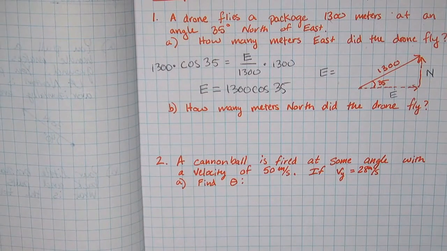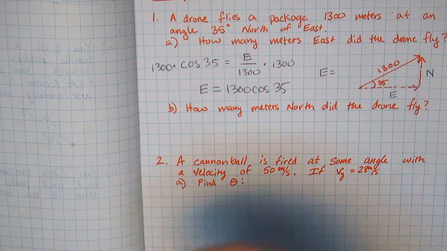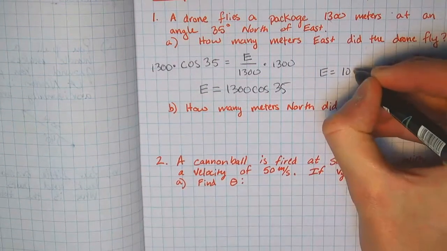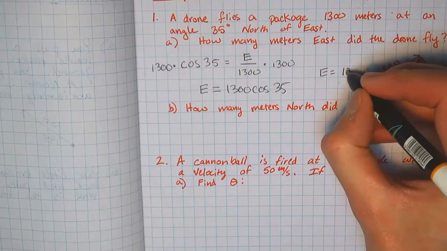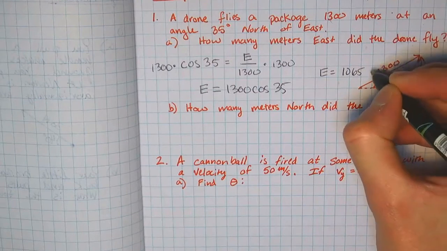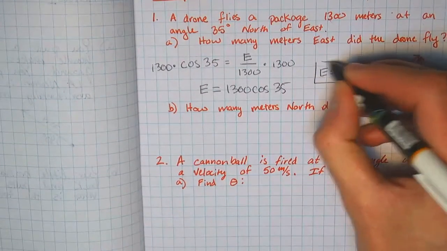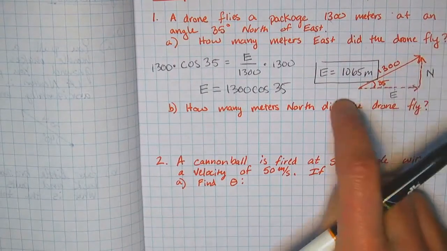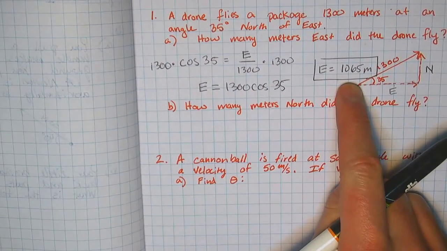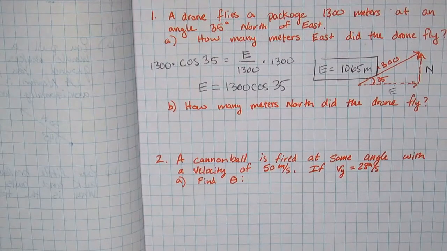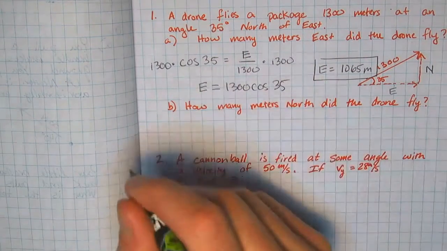So you'll know if you type 1300 times cosine of 35 degrees into your calculator right now and you don't get 1065 meters, then yours is probably in radians and you're going to need to figure out how to change it into degrees.